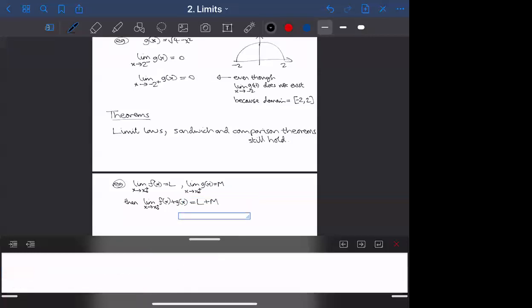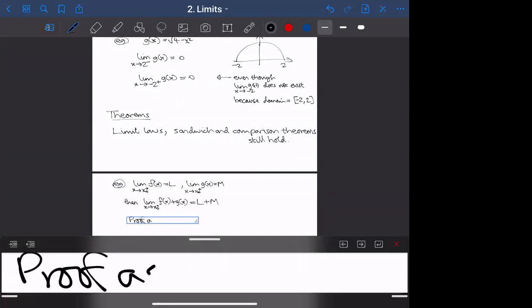But of course we have to continue to take the limit from the right. And so proof as in previous class.